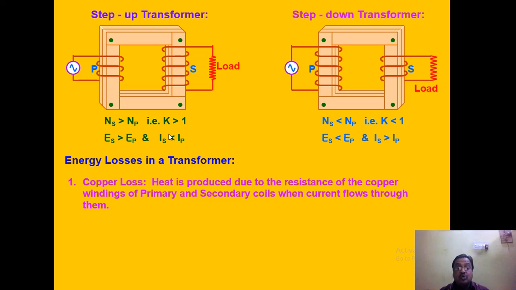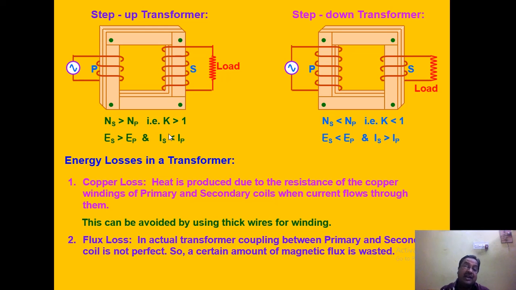That heat produced due to the resistance of the copper windings of the primary and secondary, when current flows through them, is called copper loss. And this can be avoided by using thick wires for winding. We can avoid this if these wires are made thick, not thin.